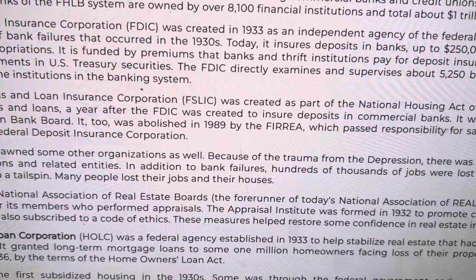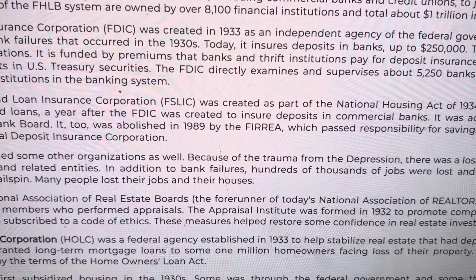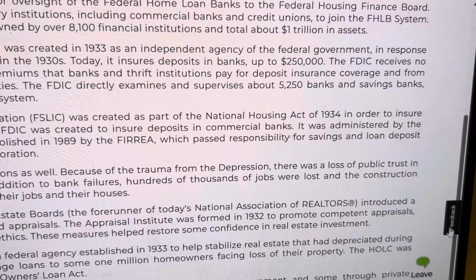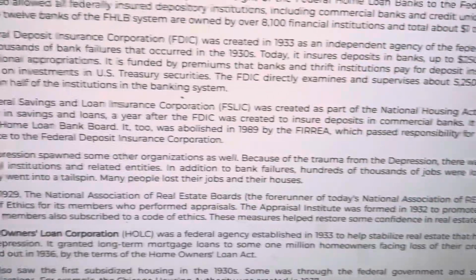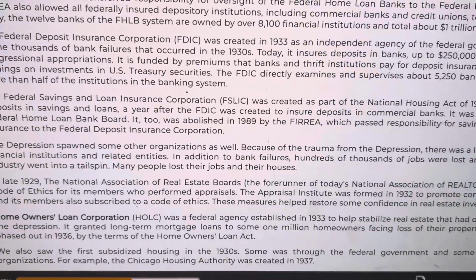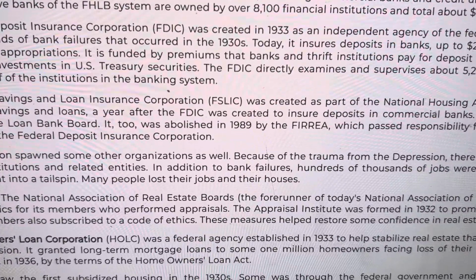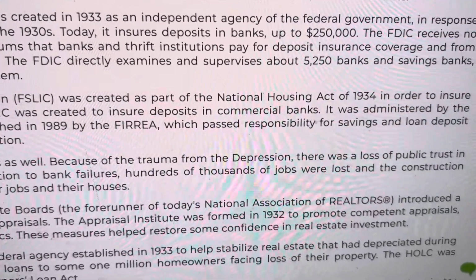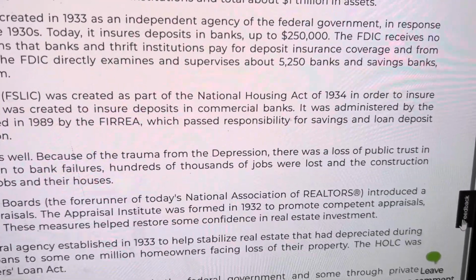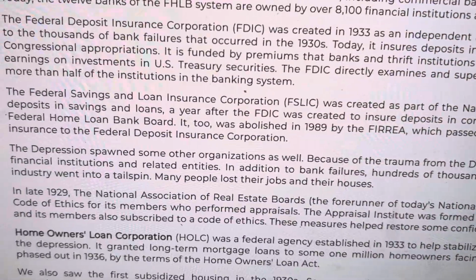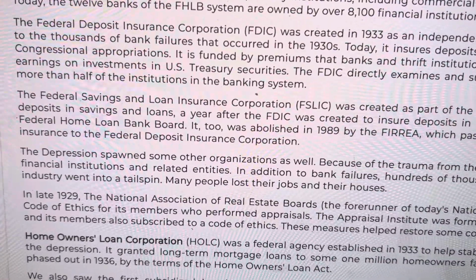It is funded by premiums that banks and thrift institutions pay for deposit insurance coverage and from earnings on investments in U.S. Treasury securities. The FDIC directly examines and supervises about 5,250 banks and savings banks, more than half of the institutions in the banking system.